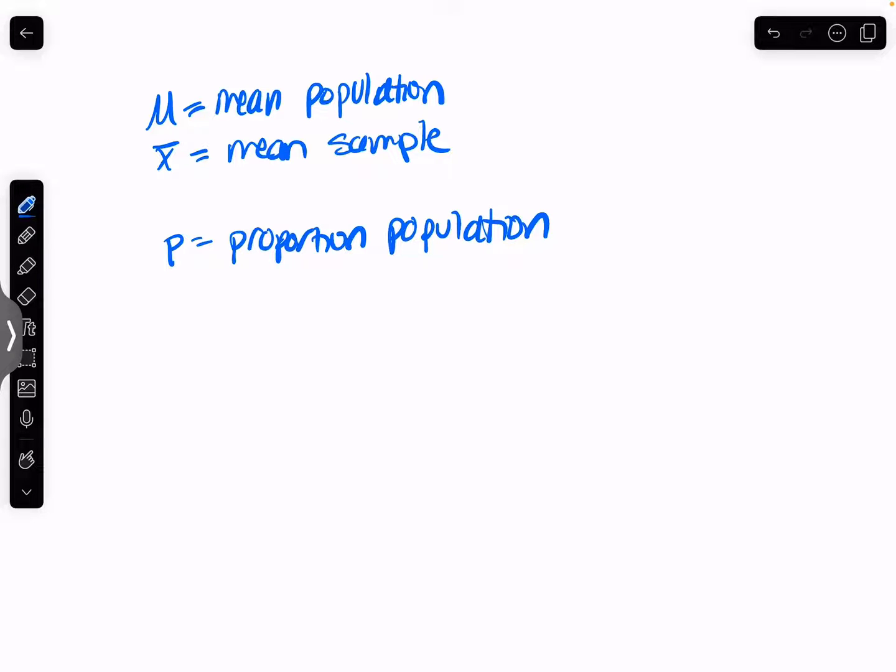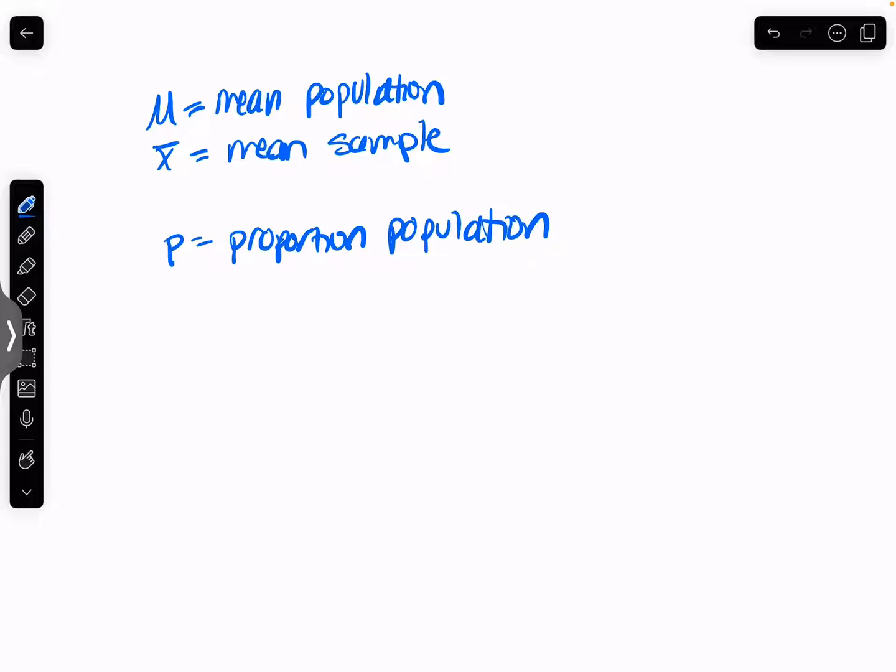Proportion meaning the percentage, or how many out of the total. Right? That would be your proportion. So if we have 19% of people that approve of the policies that we have for immigration, that would be the proportion.